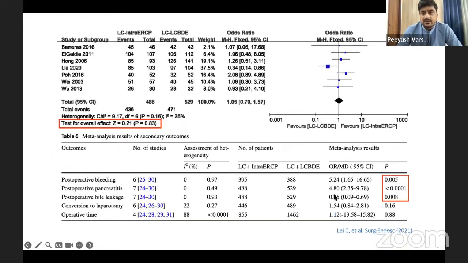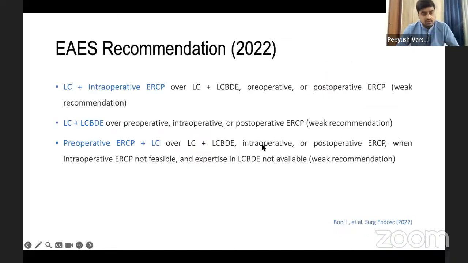We can see with this that the odds ratio is to the tune of 5.2 and 4.8 when intraoperative ERCP is done, but there is less bile leakage with intraoperative ERCP because of the presence of a stent.